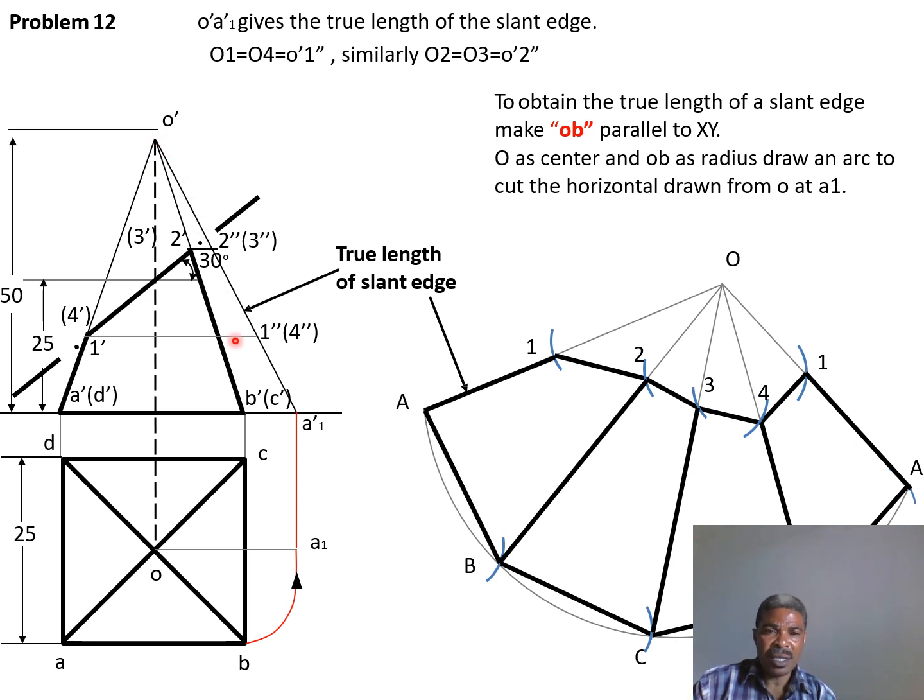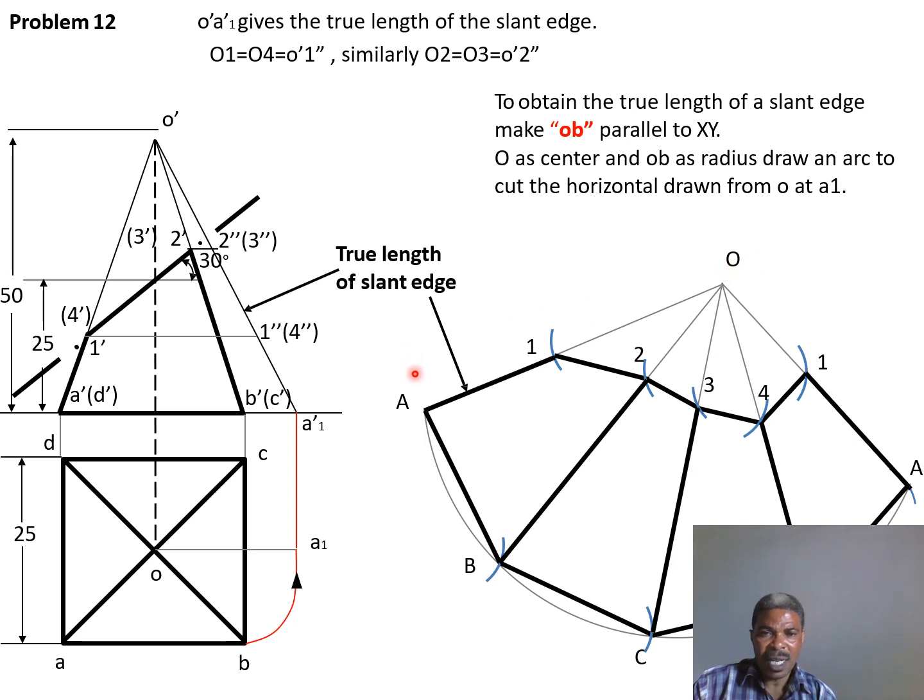This O dash, now we have managed to obtain the true length of our slant edge. This we use to draw an arc for our development, which is our radius OA, AO being our radius.